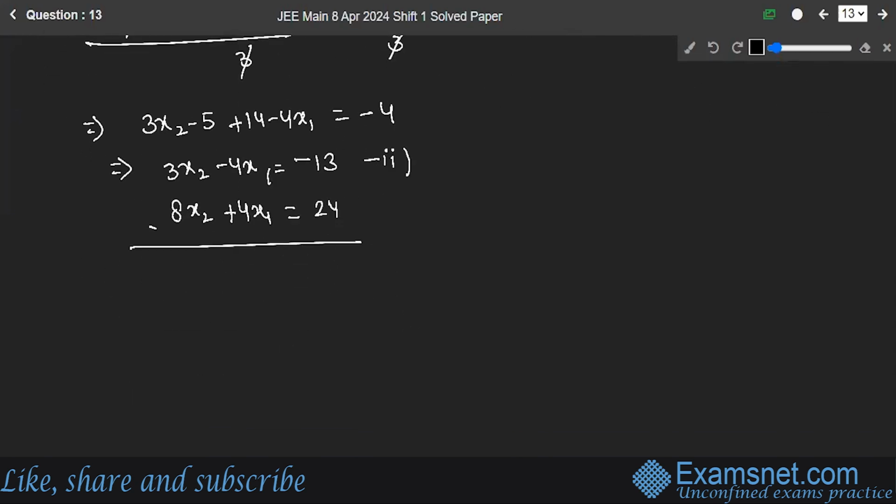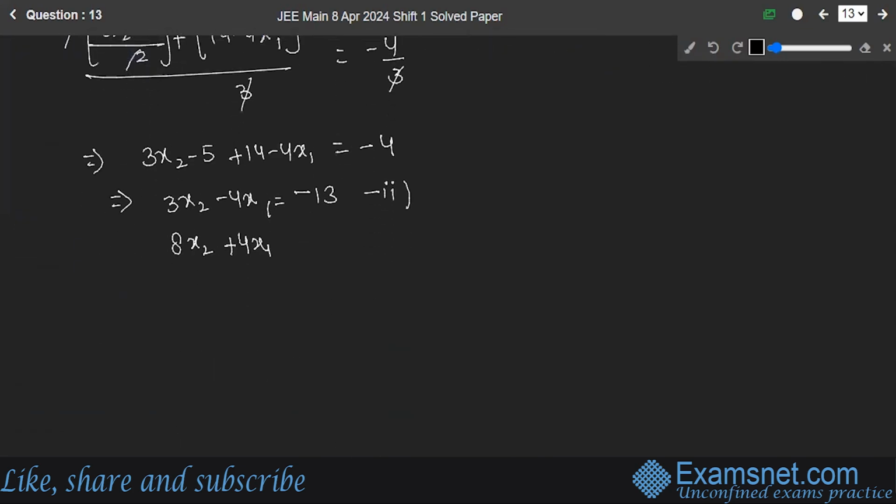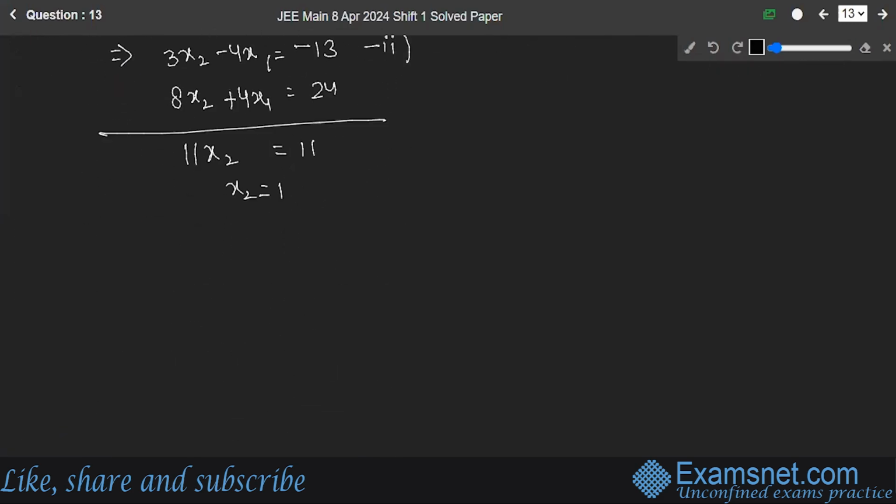Right, subtracting, minus, minus, minus. Sorry, this is already, no need to do the minus thing. Okay, so that was equal to your 24 and this is 11x2 is equal to 11. That gives you x2 is equal to 1. And you will solve to get x1 is equal to 4.